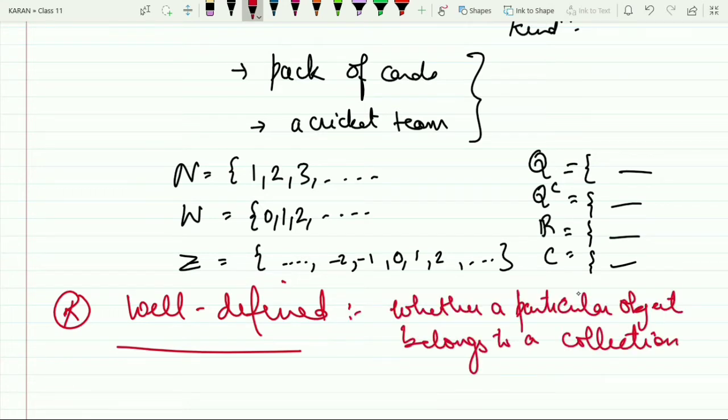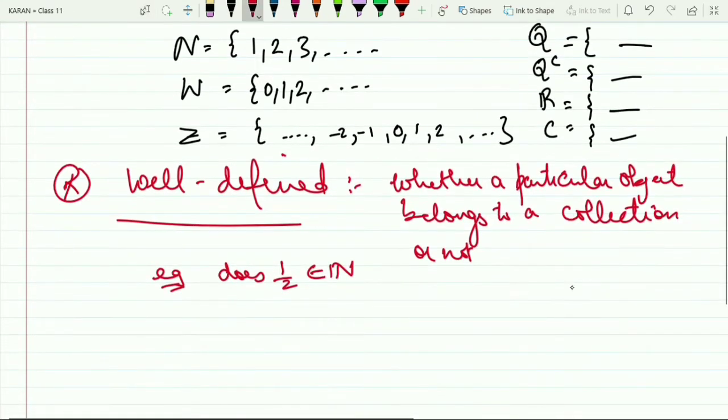For example, if I ask, does 1 by 2 belong to the collection of natural numbers, you will say no, it does not belong.